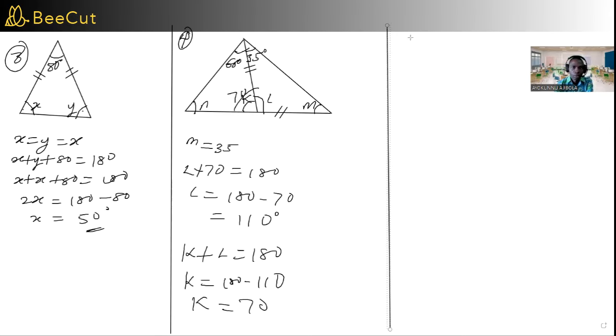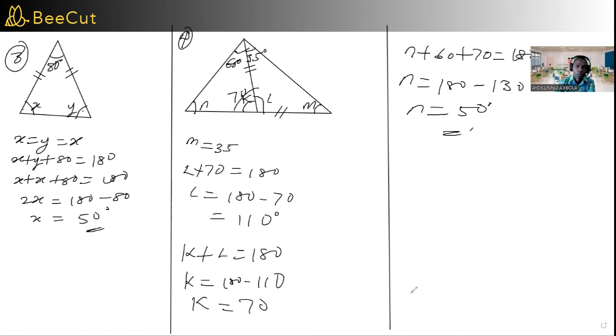I have it in a triangle that N plus 60 plus 70 is 180. So N equals 180 minus 130, and N equals 50 degrees. So that is pretty simple.